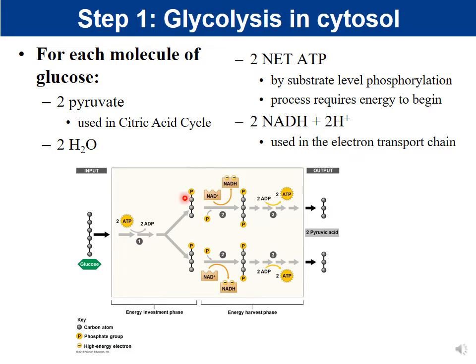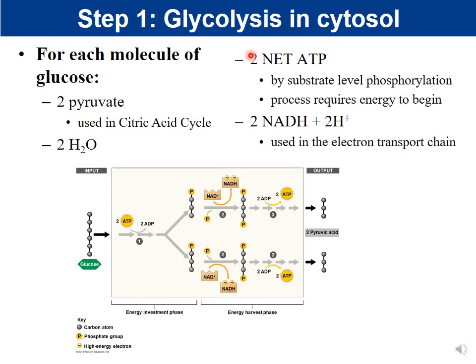Remember I said that the food, the sugar, is going to become oxidized, and it puts those electrons onto NAD+, and we get the reduced form, NADH. That's true for both of these 3-carbon sugars.